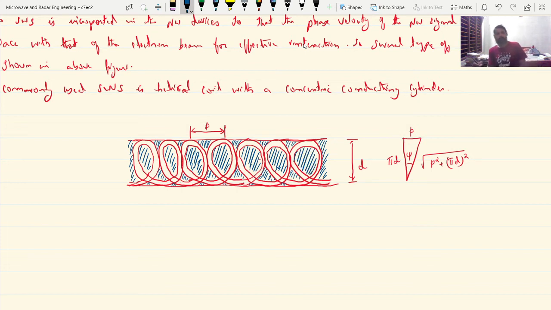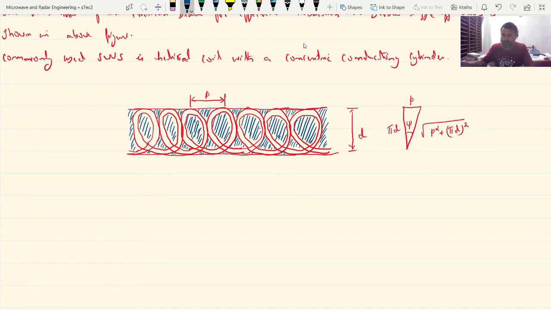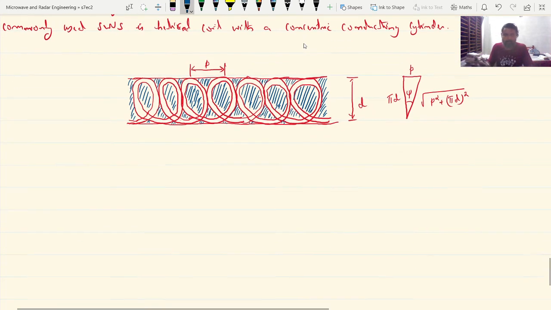I think it is clear now. Okay. Concentric cylinder, what you call as helical coil with the concentric cylinder. So I will write, we can 1 minute.